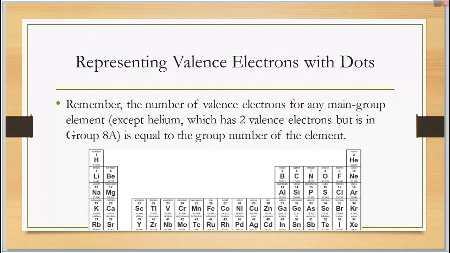For instance, the first row will have 1 dot, while the second row has 2. Boron is 3, carbon is 4, nitrogen is 5, oxygen is 6, fluorine is 7, the halogens, and the inert gases are 8. The exception is helium, because there are only 2 electrons, so it can only have 2 dots. But whatever row it's in is how many valence electrons it's going to have.